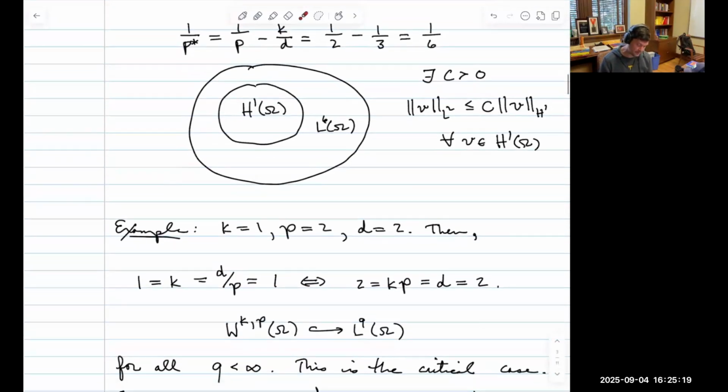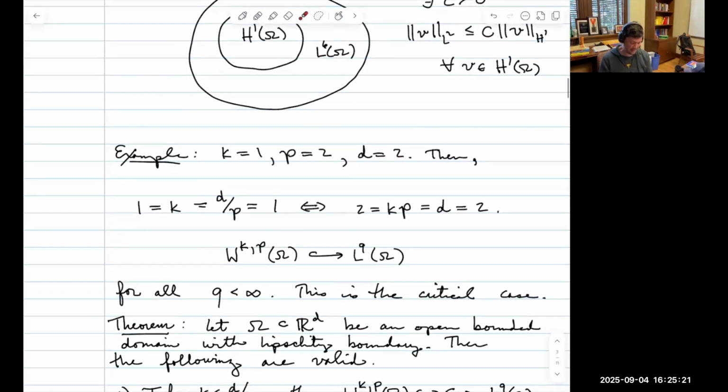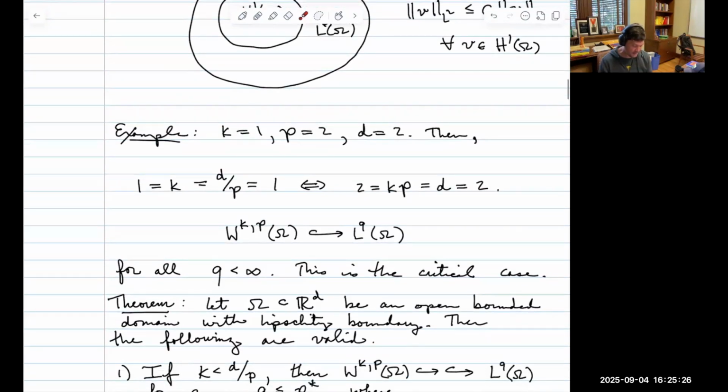Let's do another case. So hopefully you're starting to get the hang of these. This turns out to be what we call the critical case, whenever K times P is equal to D. So suppose that K is 1, P is 2. So again, we're back in the Hilbertian-Sobolev space case. K is equal to 1, so that we have one weak derivative.